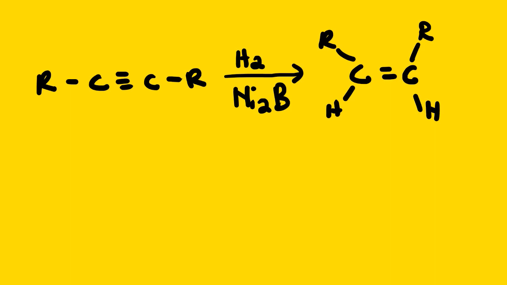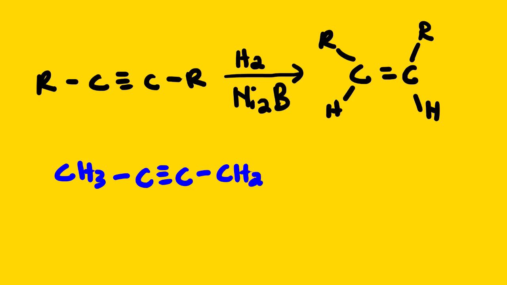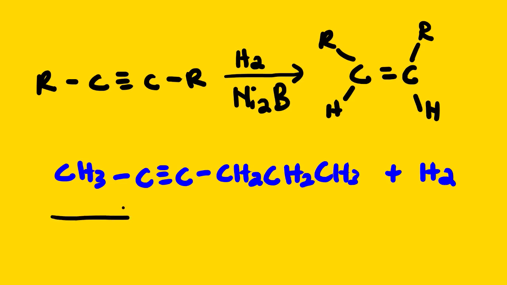A quick example would be hexyne. It's actually hex-2-yne. That is the proper IUPAC name. CH2CH3. So we react this with hydrogen, hydrogenate in the presence of Lindlar's catalyst. We are going to have a cis.